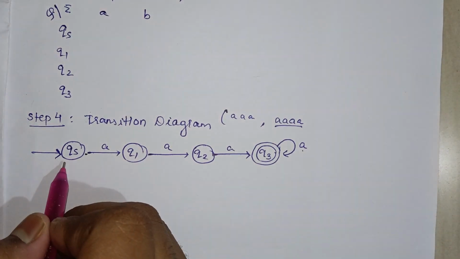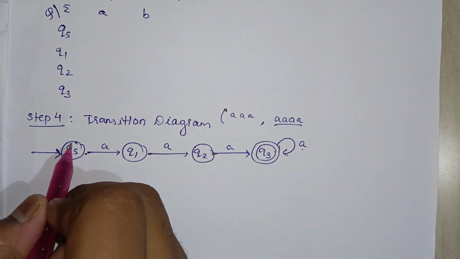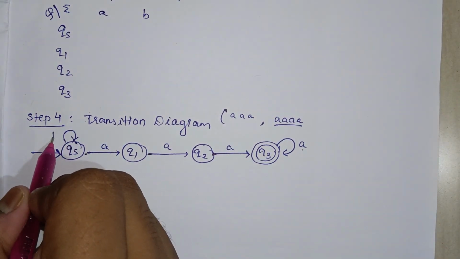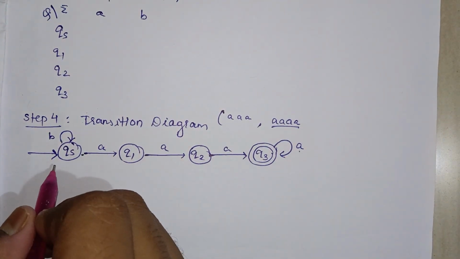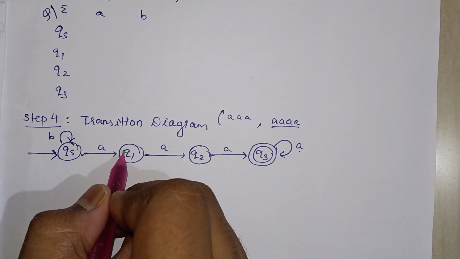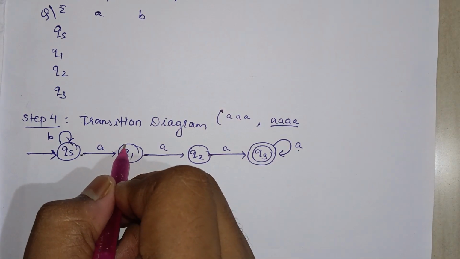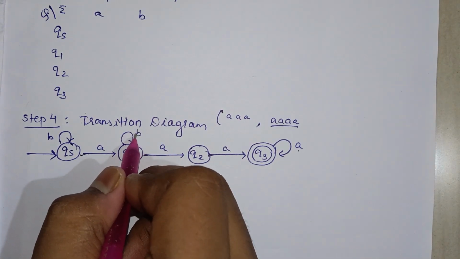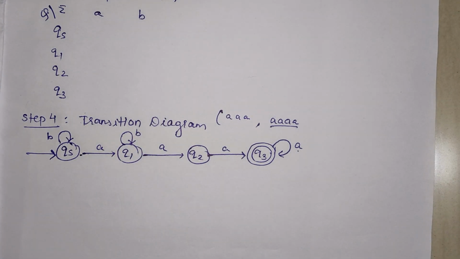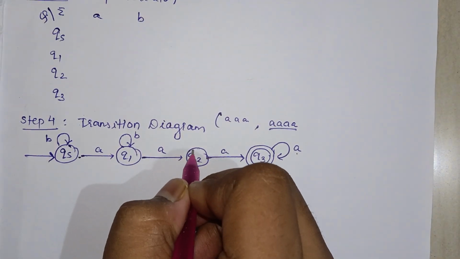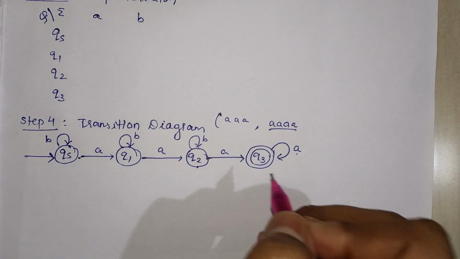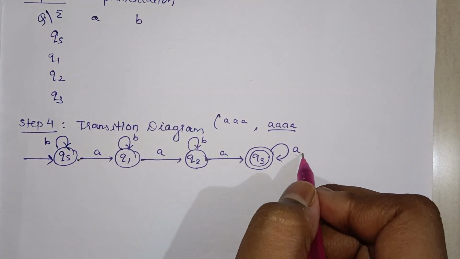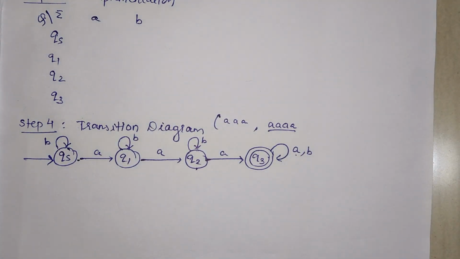Now see, if at the starting state it gets b, make the transition on the same state. When Q1 receives b, same, make the transition of b on the same state. If Q2 receives b, make the transition on the same state Q2, and if Q3 receives b, make the transition on the same state Q3.